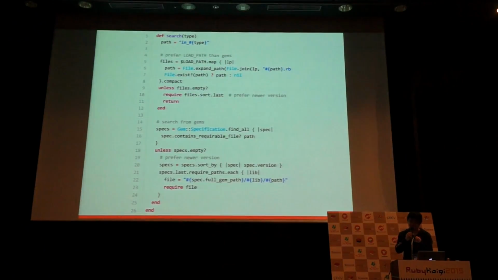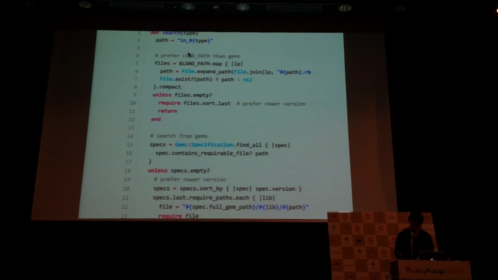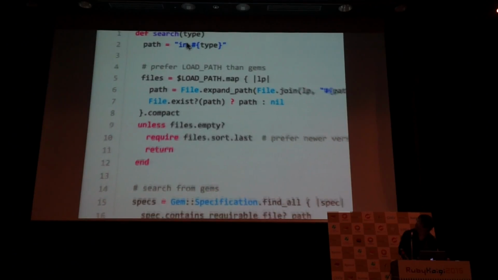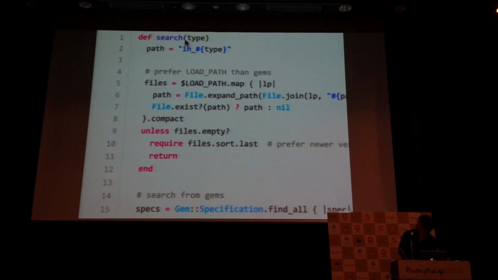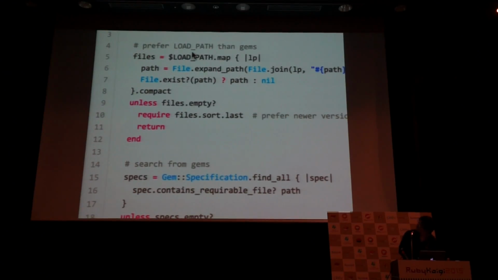So this is the actual code. Here, there's a method called search. For example, this can be S3 or Elasticsearch. Then for each load path, it tries to require the file.